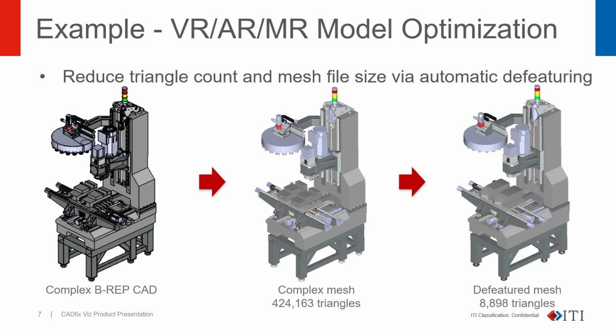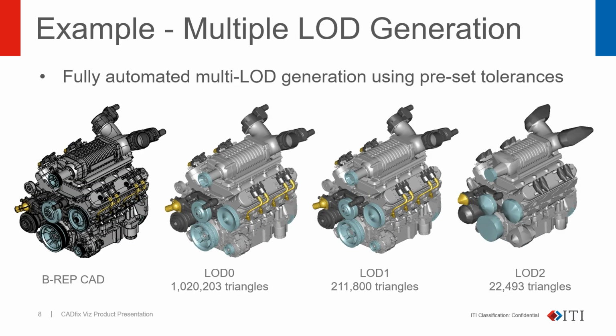And then on the right, an example of a defeatured mesh that results in a significant reduction in the number of triangles and mesh density, down to less than 9,000 triangles. When you get down to your VR type application, this is going to result in faster speeds, less hang time, and it's just easier to work with as you incorporate possibly multiple models into that virtual reality space.